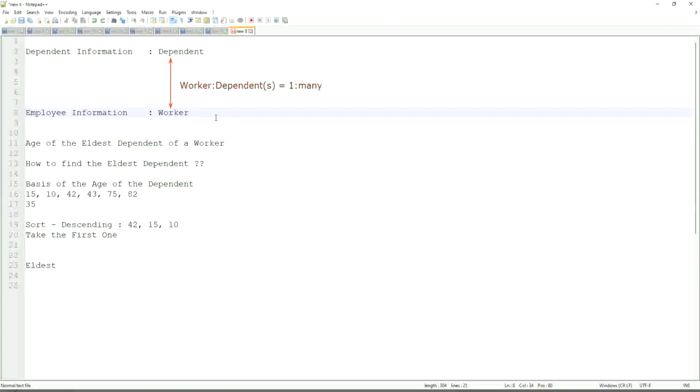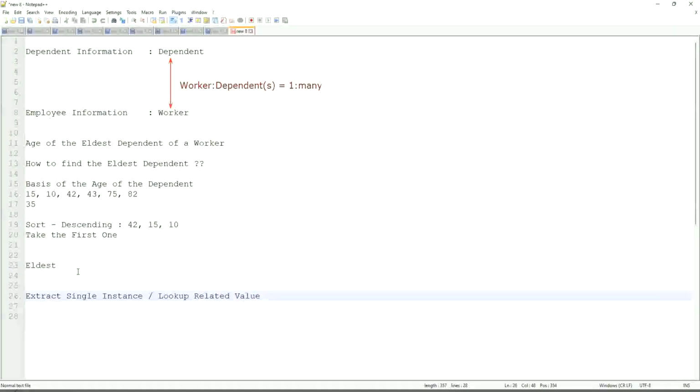Does the worker business object have the information about the dependent's age? The answer is no. That is why we are going to use a combination of calculated fields that is called extract single instance and lookup related value.